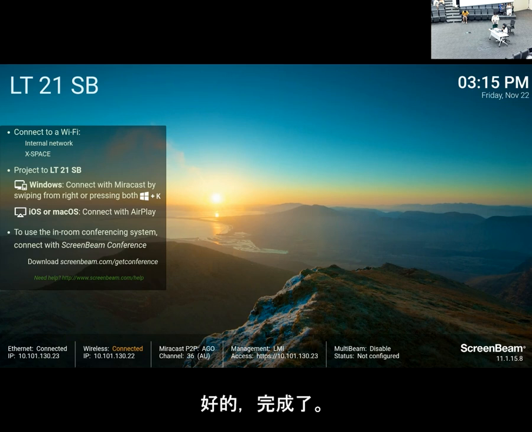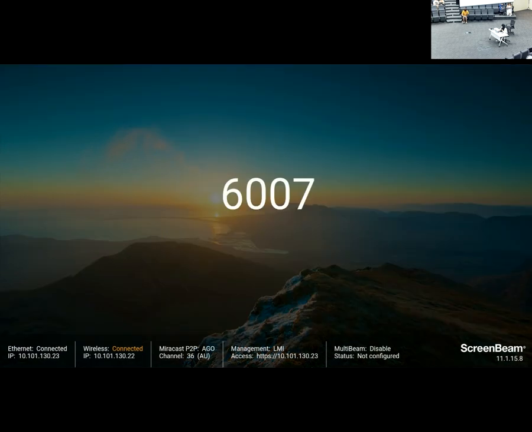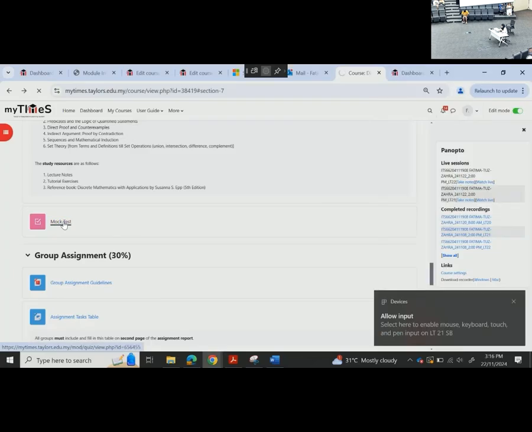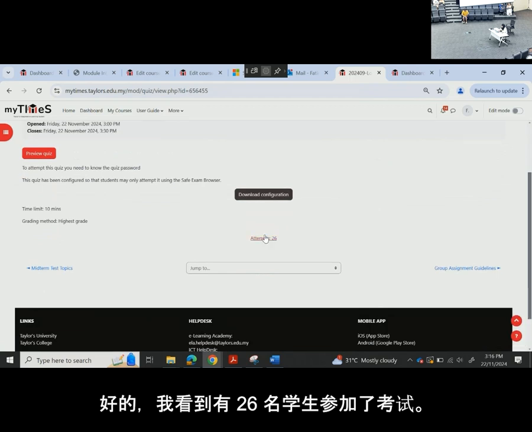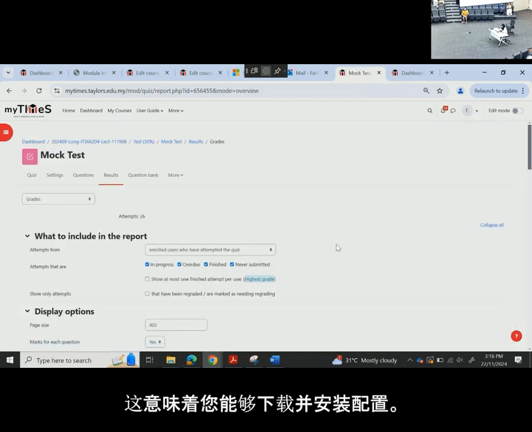Okay, done. Let me share the screen. I see 26 students have attempted the test. It means you are able to download and install the configuration.